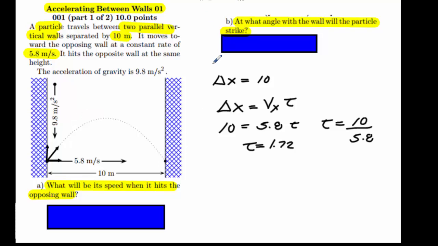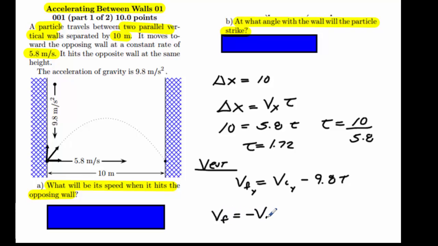So we can go back to our kinematic equations in the vertical, and we know the equation V final is equal to V initial y minus 9.8 times t. In this case, we also know that V final is just going to equal minus V initial in the y.